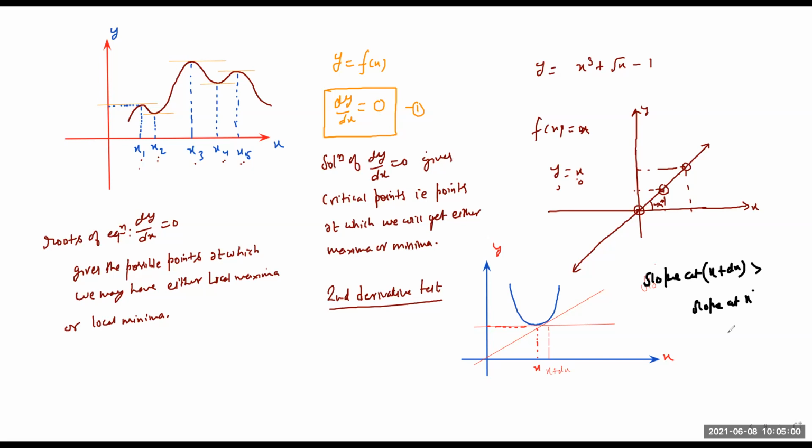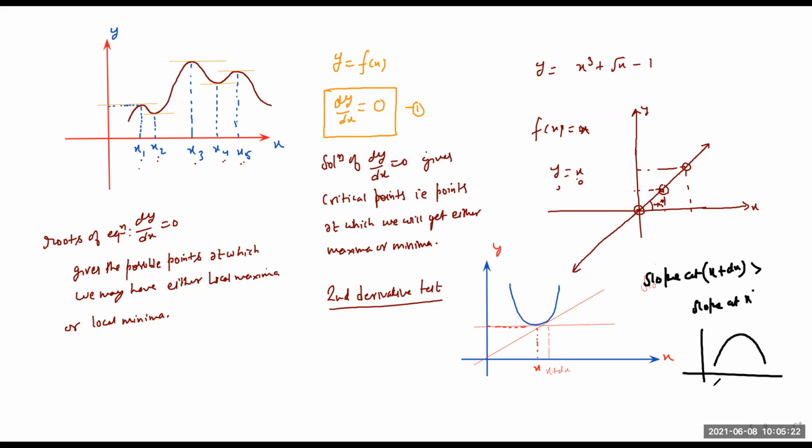Okay. But look at the other graph, like this. Can you see x plus delta x? Yeah, x plus delta x is the next point. What is the problem with this? Why is it disturbing you, x plus delta x?